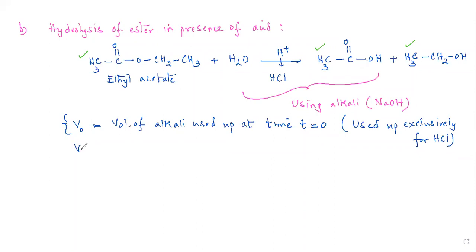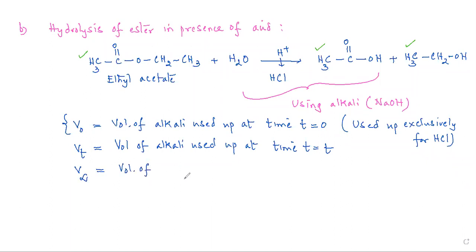Next. Consider Vt. This is nothing but the volume of alkali used up at a time t is equal to t. And similarly, V infinite. This is the volume of alkali used up at a time t is equal to infinite.